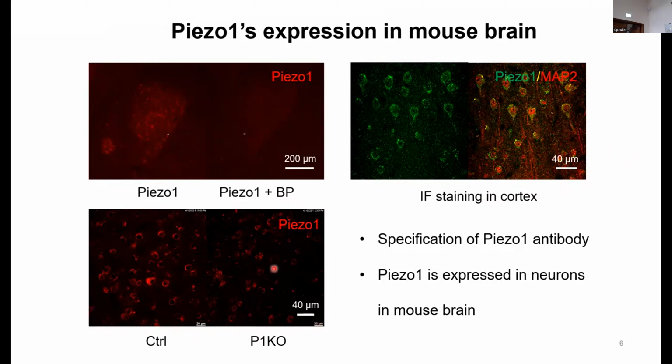Staining the brain slice of our later generated P1KL mouse model, we can see that lower signal is found, and thus this data further indicates the antibody's specificity, and that Piezo1 is indeed expressed in the mouse brain.